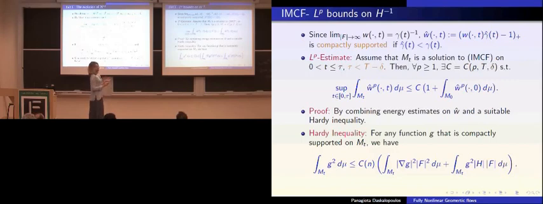The L1 bound, or the LP bound, actually you can just take P equals 1, is the hardest part here. Because once you have a global L1 bound, then you can do an appropriate Moser iteration argument and get an L infinity bound.